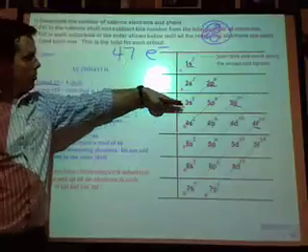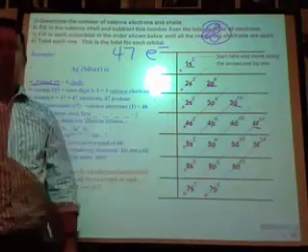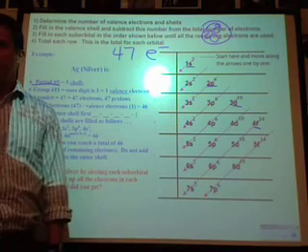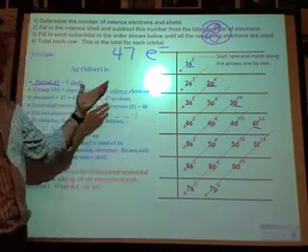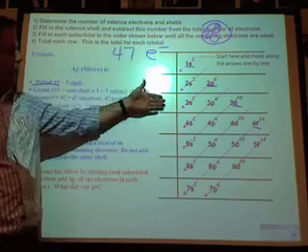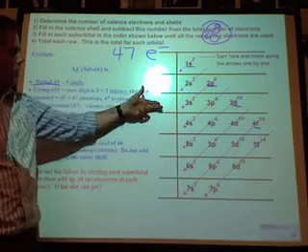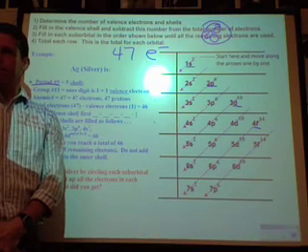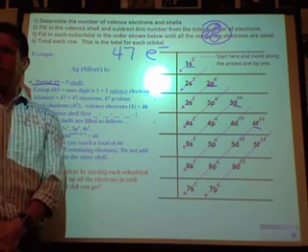And the 1, 2, 3, 4, 5, 6, 7, those refer to the shell or energy level. Okay? If my atom takes up 5 shells, like silver, 1, 2, 3, 4, 5, where will the valence electrons be? In shell number 5.